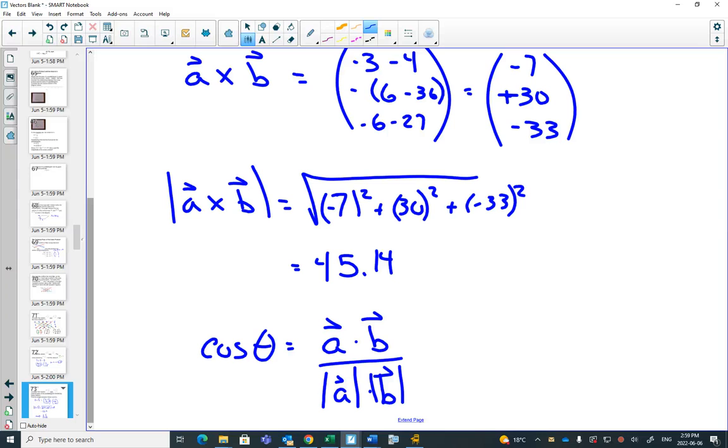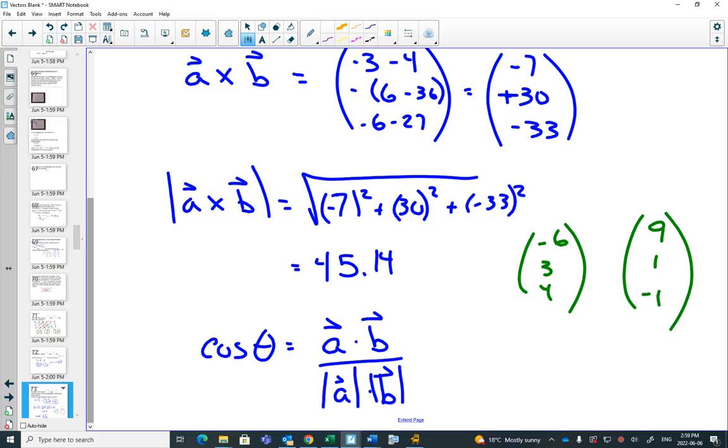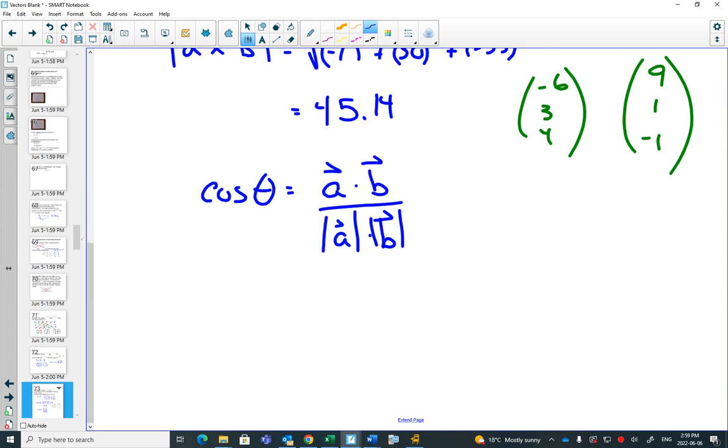Okay? So the dot product for these two, I should just rewrite them here so I can see them. -6, 3, 4, and 9, 1, -1. So our dot product, -54 plus 3 minus 4.